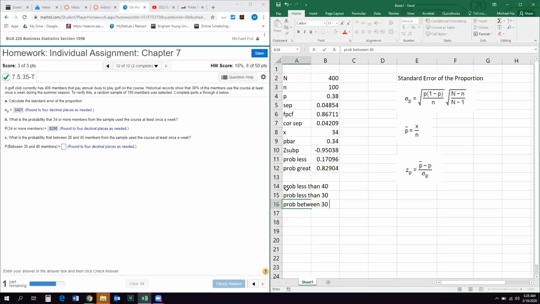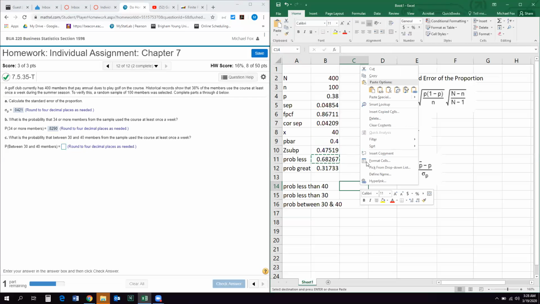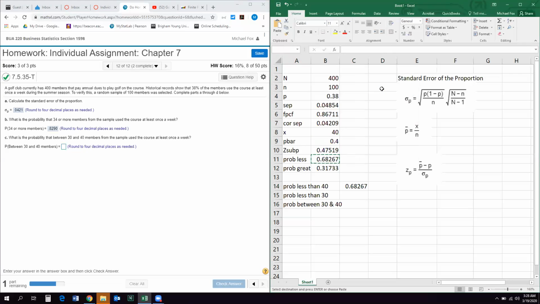So to find the probability that is less than 40, I'm just going to replace x here with 40. And then right here is my probability that is less than that. I'm going to copy that, and I'm just going to paste the value. And then to find the probability that is less than 30, I'll replace x with 30.